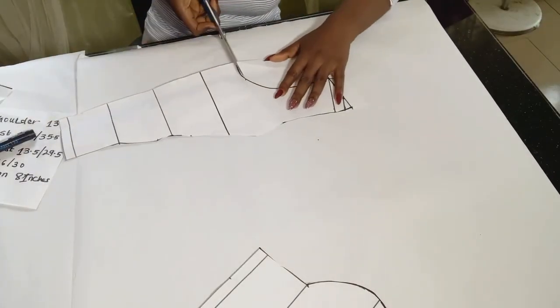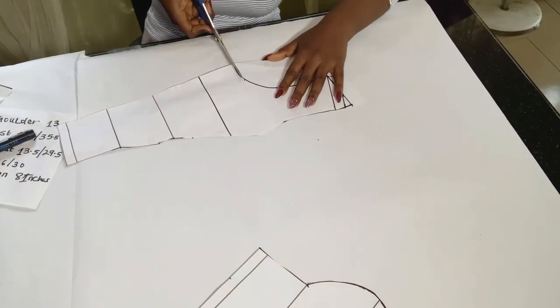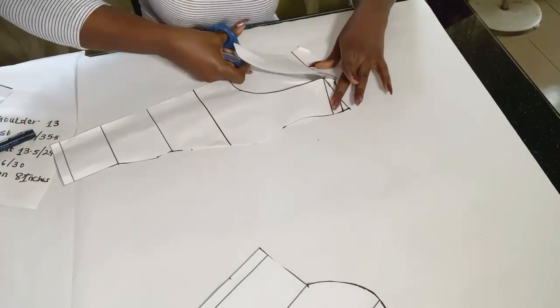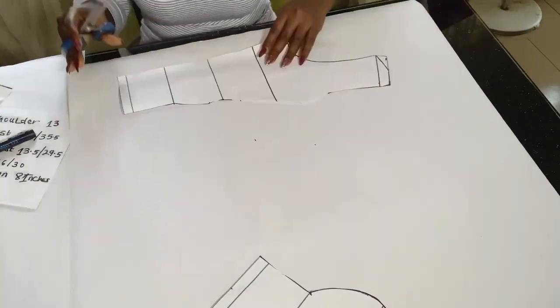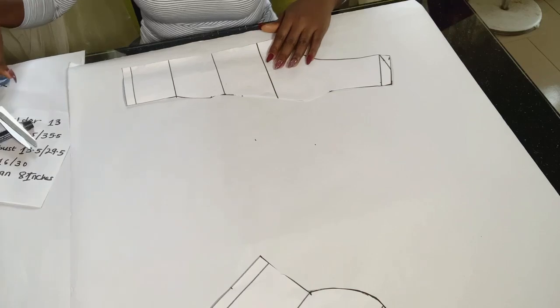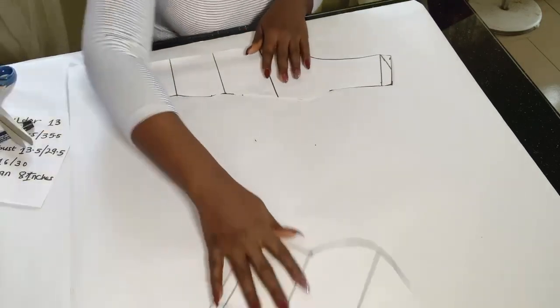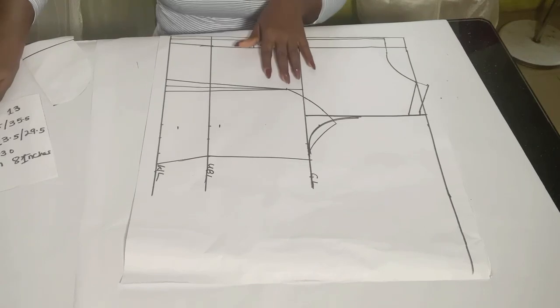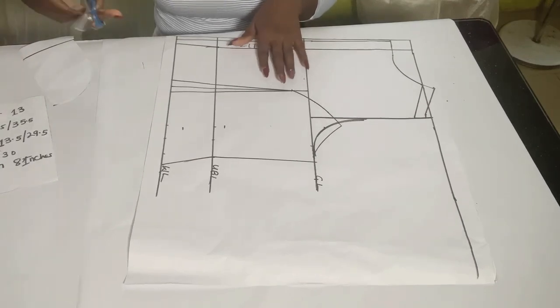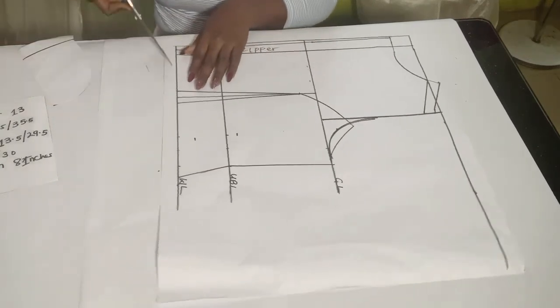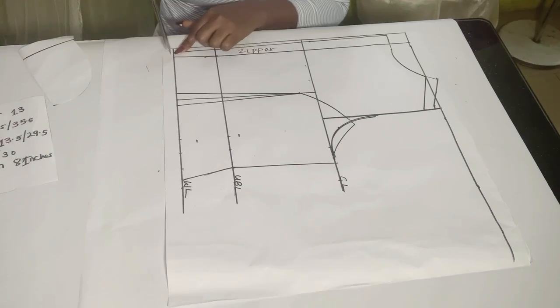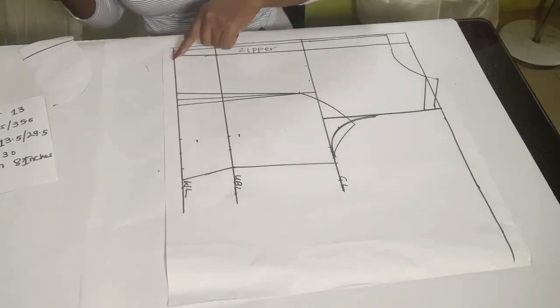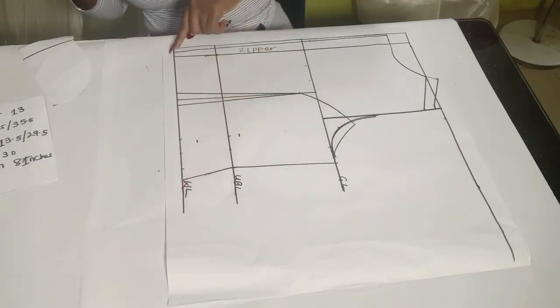I'm going to be cutting my neck. So this is the front part. So this is the back. So watch how I'm going to cut the back. Then for this part, you can decide to add just 1/2 inch here. Then from this part here, you connect it all the way here.